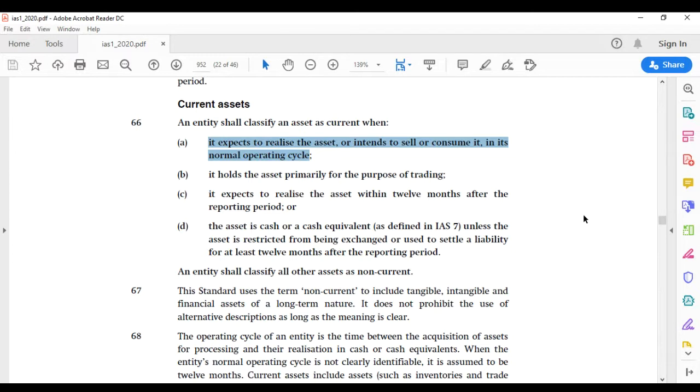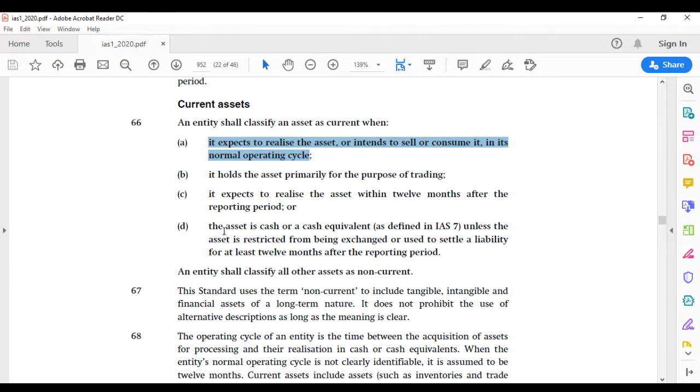So this kind of company has a very long operating cycle. But those townhouses that they construct still constitute their inventory, so it must still be disclosed as a current asset.